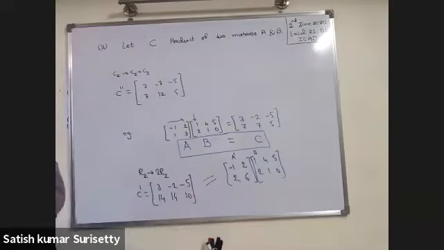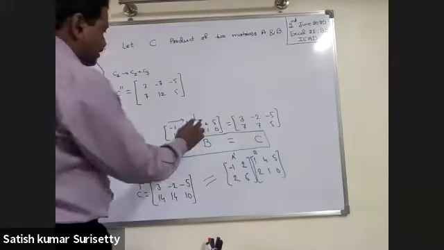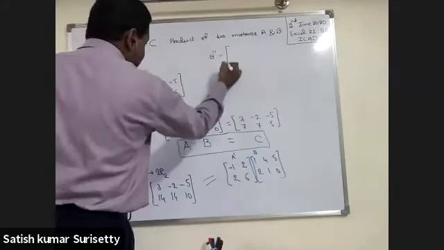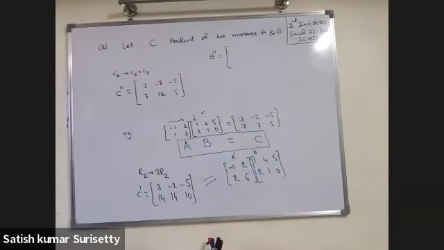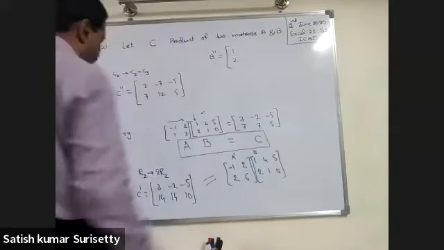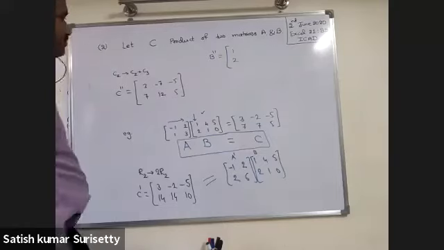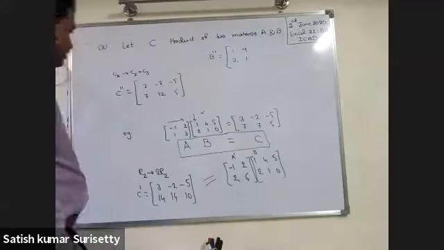Now you apply the same column operation. On which matrix should I apply? B. So apply the same column operation on B. Let us denote that as B double dash. What will B double dash be? First column remains the same, 1, 2. Second column 9, 1.